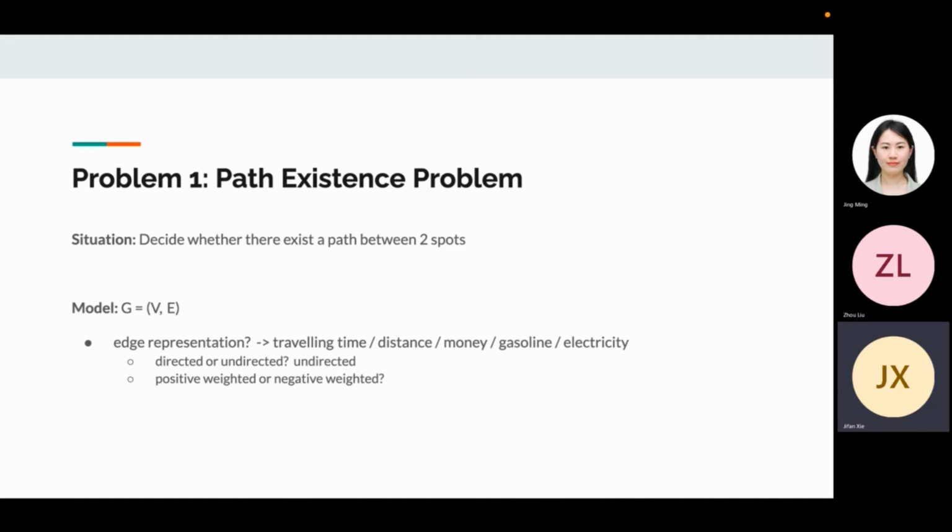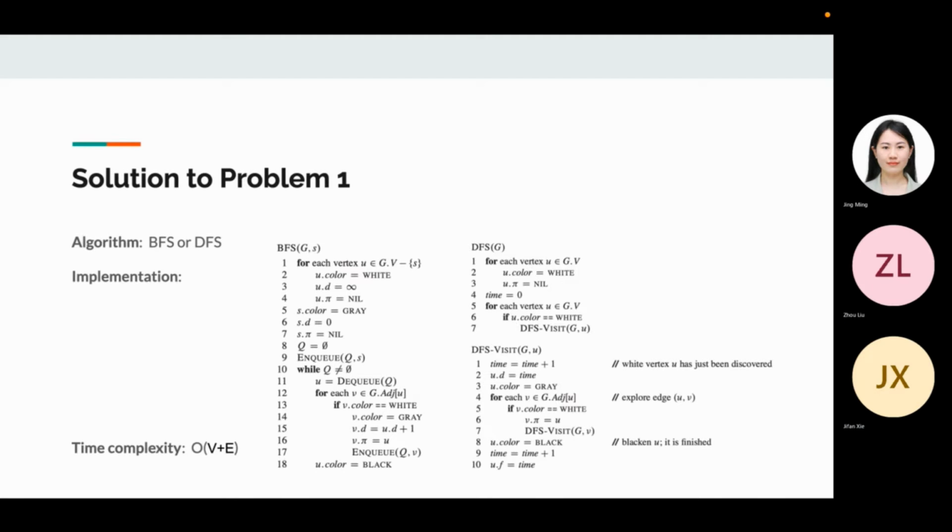The weight of the edge can be the traveling time, the distance, the money, the gasoline cost or the electricity. The edges are undirected, and their weights can be positive or negative. This problem can be solved by BFS or DFS. Their pseudocode is shown on the slides, and both of them take O(V plus E) to run.